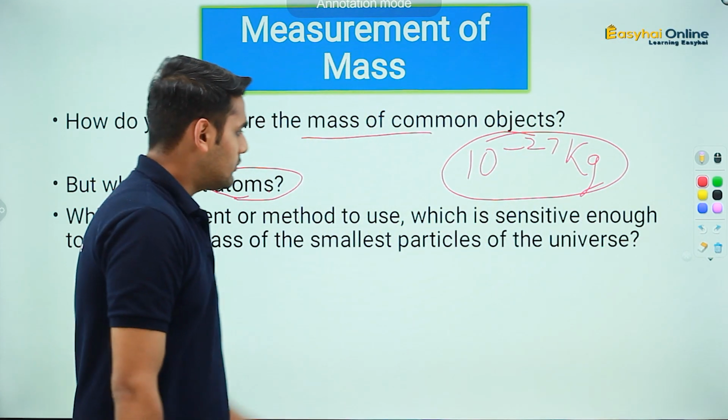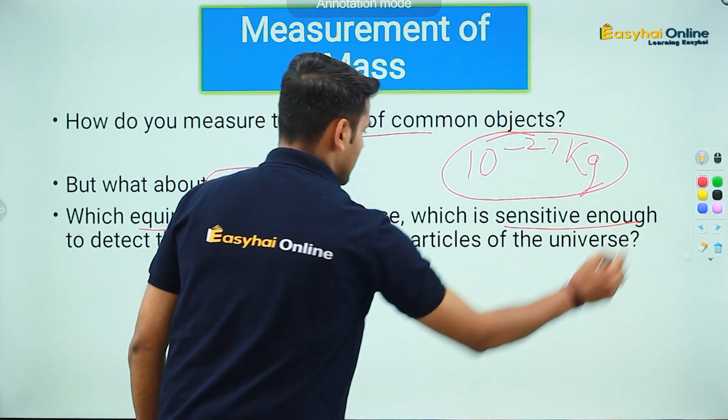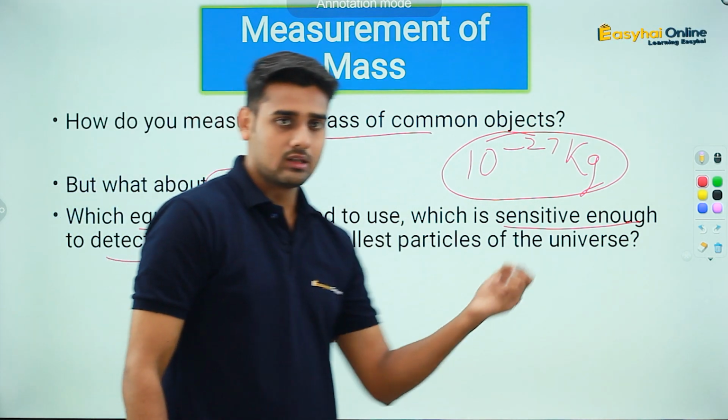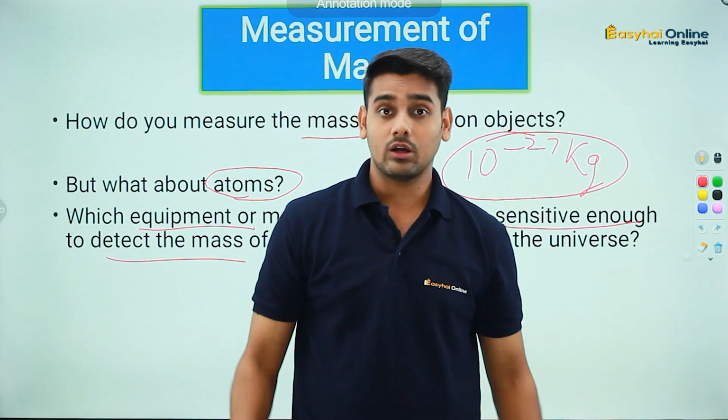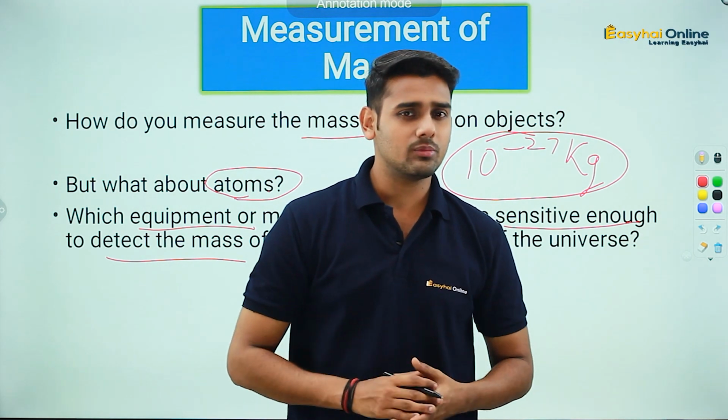So we have to develop an equipment which is sensitive enough so that it can detect the mass of the smallest particles of this universe. Now, what is that device and what is the technology behind that?